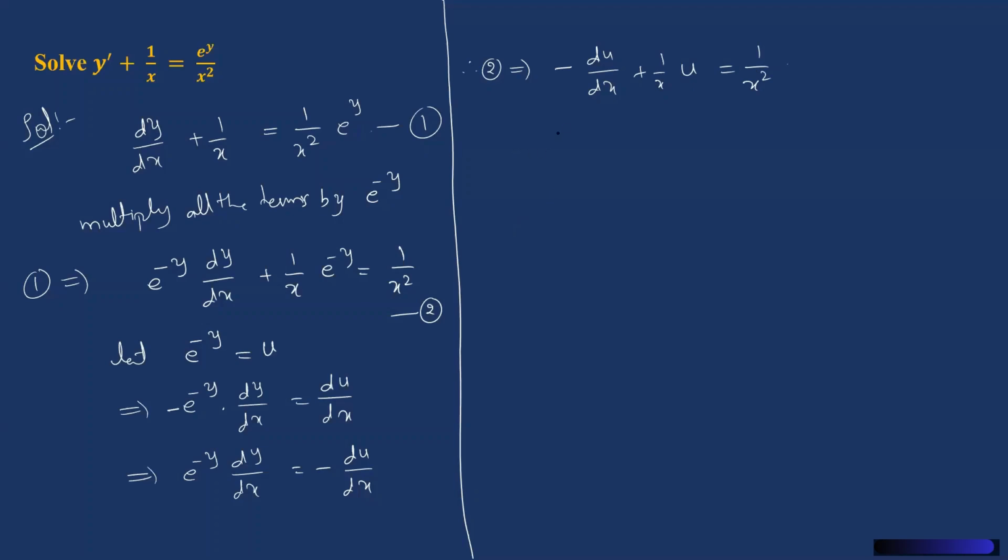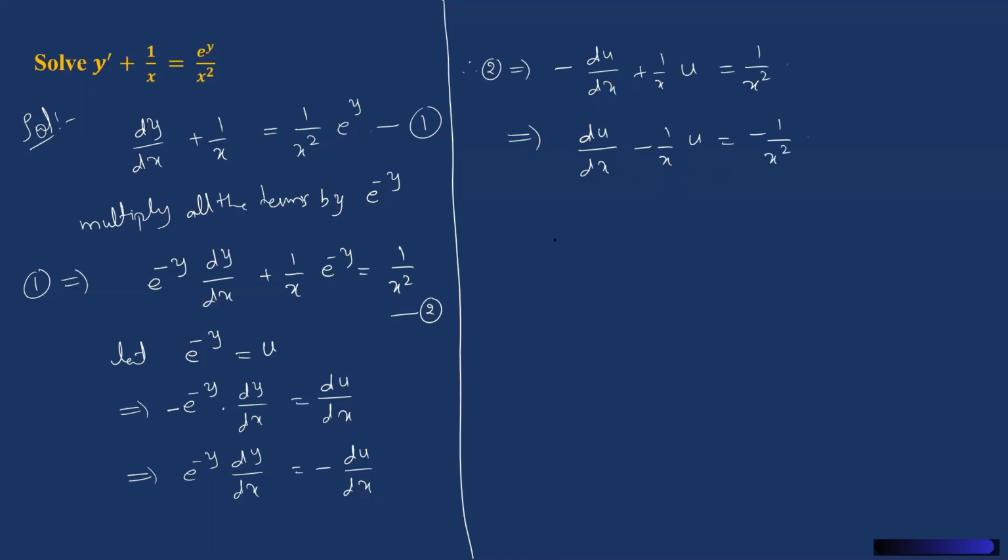Again, we don't want the negative sign beside this derivative, so I'm rewriting it by multiplying everything with a minus sign. So we can rewrite it as du by dx minus 1 by x into u is equal to minus 1 by x square.